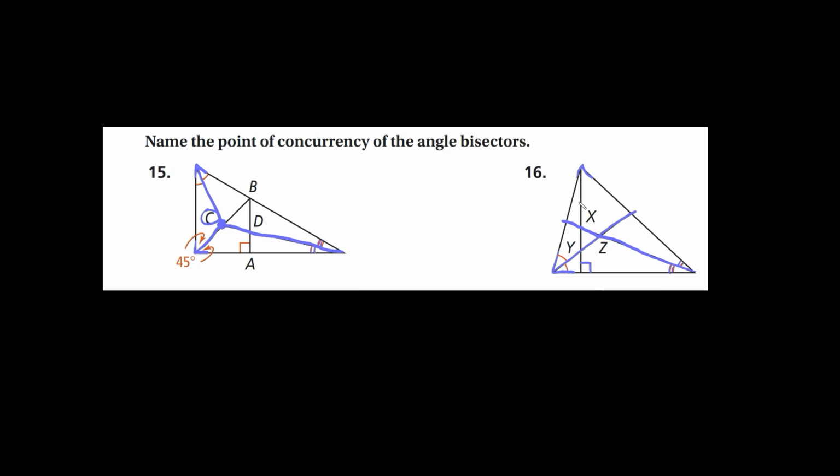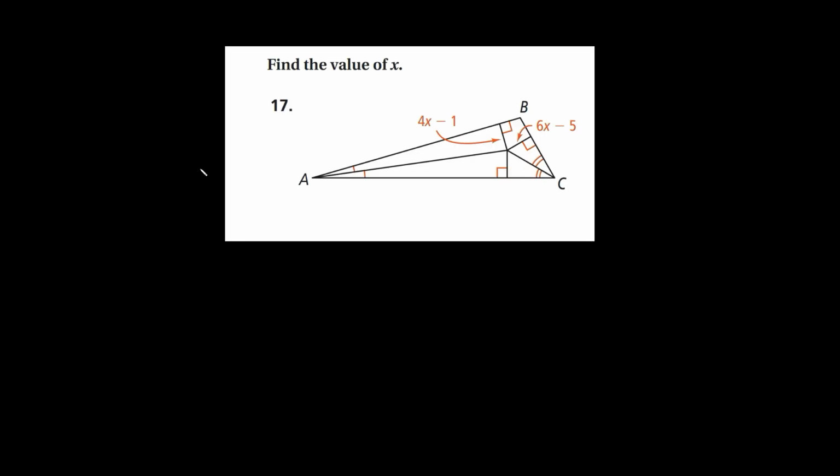So this line is really just the height of the triangle. The actual angle bisector of this angle would be more like along this line over here. Then you can see the 3 angle bisectors intersect at this point, Z.